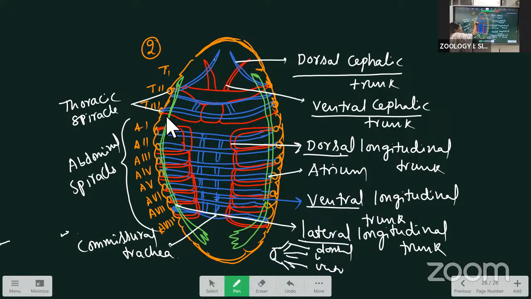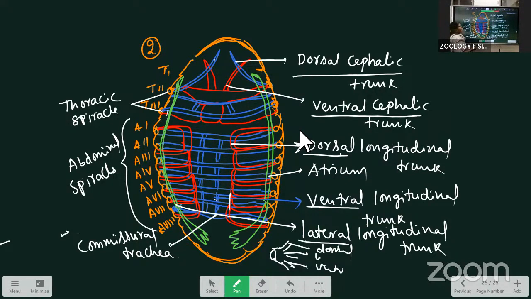All the dorsal side trachea are combined and form a dorsal longitudinal trunk. All the ventral side trachea join and form a ventral longitudinal trunk, and all the lateral side trachea are joined and form a lateral longitudinal trunk. Like this, that is about the tracheal system. And in this, what about the mechanism of respiration?